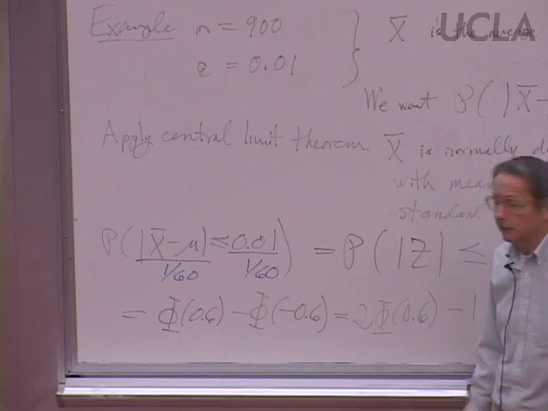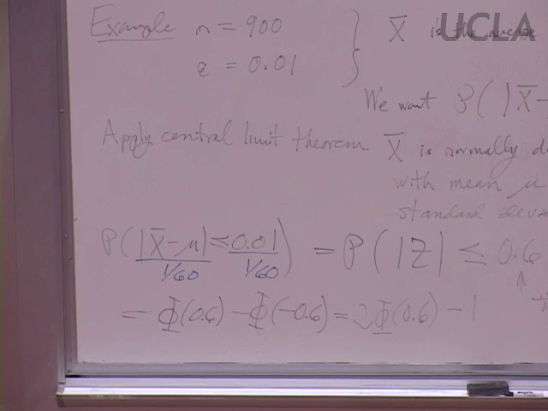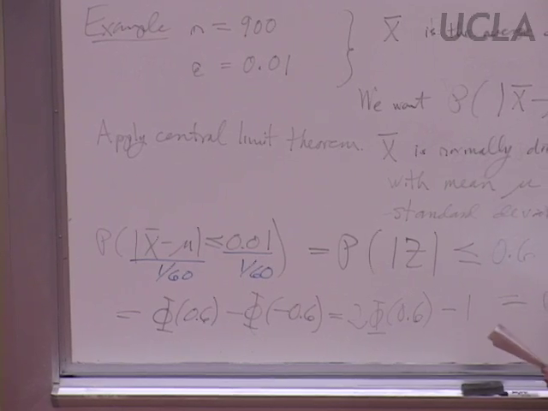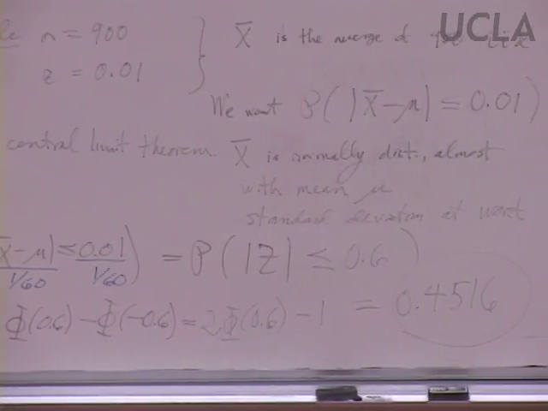So now we have another phi of 0.6 here. And we can look up phi of 0.6 in our table. 0.7258. So we need to double this and throw away the 1. We can probably do that without a calculator, although luckily I did it ahead of time so I wouldn't make a mistake. It's around 45%.